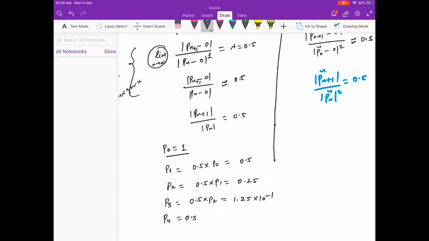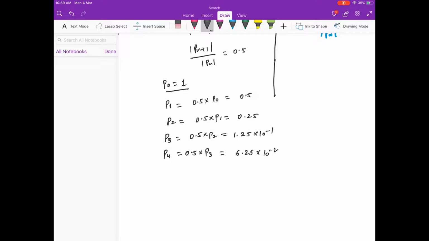P4 is 6.25 into 10 to the power minus 2. P5 is 3.1250 into 10 to the power minus 2, P6 is 1.5625 into 10 to the power minus 2, and P7 is 7.8125 into 10 to the power minus 3.